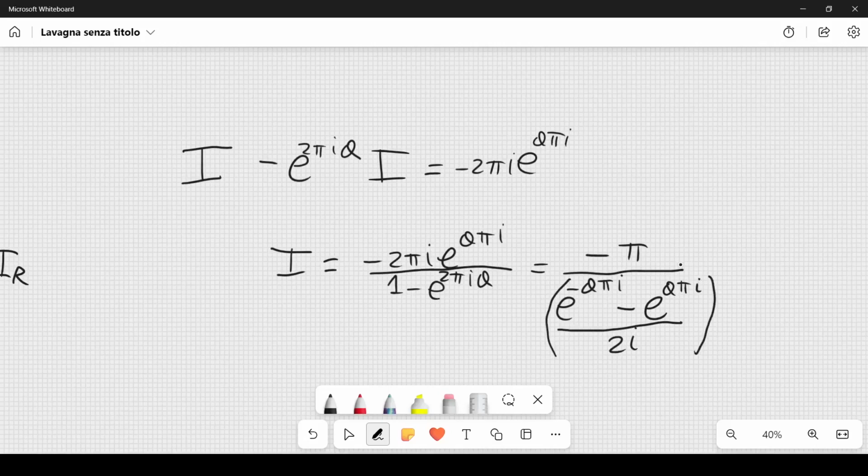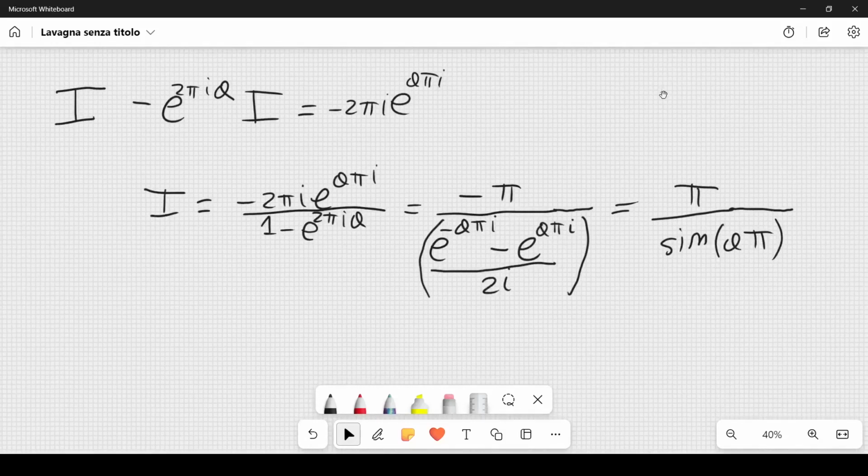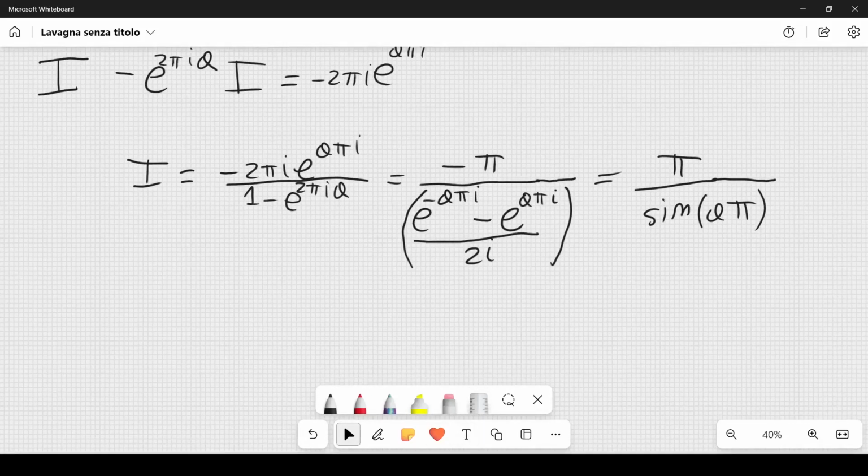So we can write it exactly in this form. Here in the denominator, now you should be able to recognize it's minus the sine of a pi. So here you get pi divided by the sine of a pi, like this. And this is the result that we get, and we will also use it in the following videos.